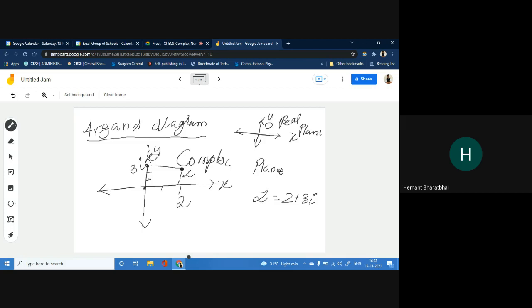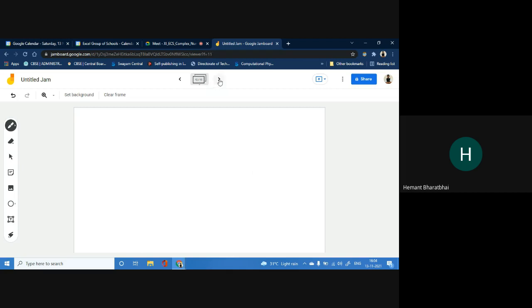This represents 2 and this represents 3i. This is how I can represent a complex number on this complex plane, which is also called the Argand diagram. So every complex number will act as a point on the Argand diagram. I hope you have understood this. Let's move ahead.